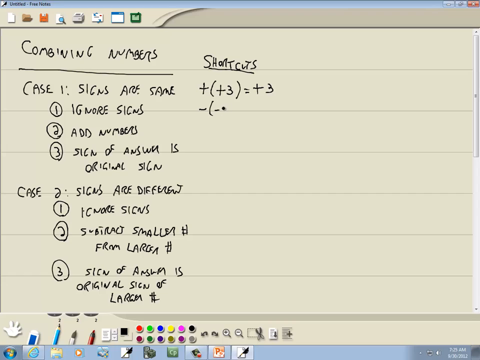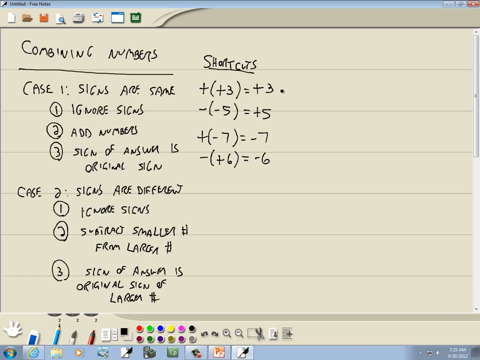If you have a negative, parentheses, negative and then a single number, a negative becomes positive. If you have a plus, parentheses, minus, and then a single number, plus, parentheses, minus becomes a minus. And if we have a minus, parentheses, plus, minus, parentheses, plus becomes a minus. It's easy to remember. If your signs are the same, it becomes positive. If your signs are different, it becomes negative.